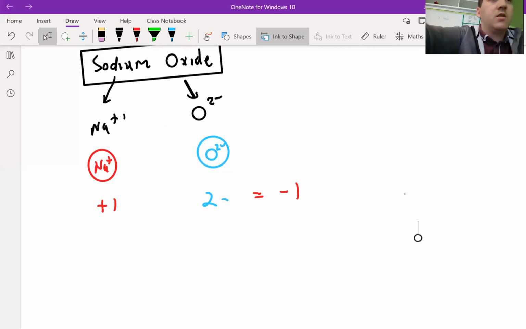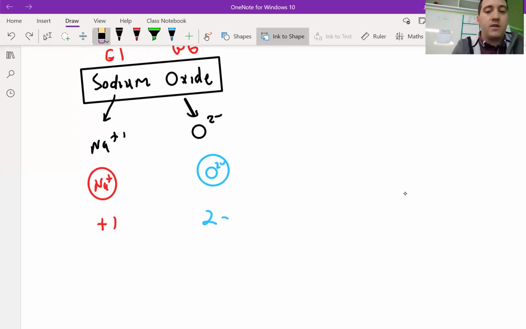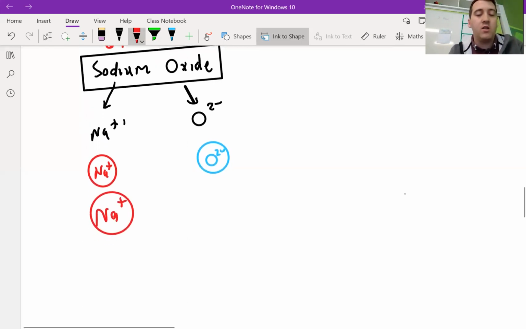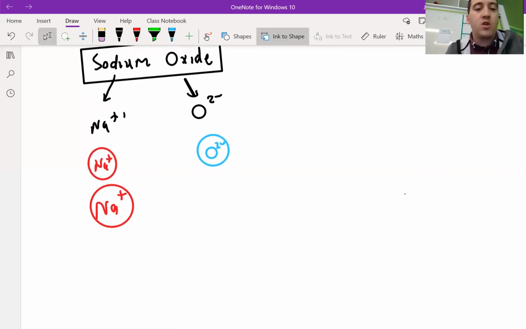Well, what I can do is add in another of the sodiums. So like this, I'll get rid of these. I'm going to put another Na plus here. So all this is saying is that one oxygen bonds to, or attracts, 2 sodiums.